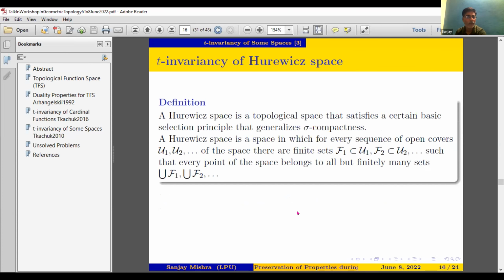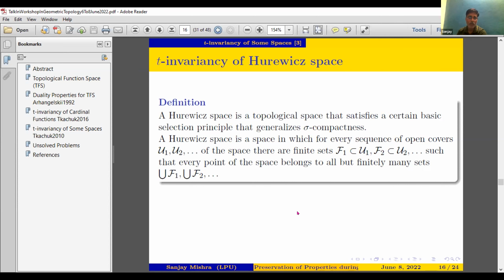The next important result is the Hurewicz space, which was recently introduced and is very important for the discussion of other algebraic topology. A Hurewicz space is a topological space that satisfies a certain basic selection principle that generalizes sigma-compactness. That is, a space in which for every sequence of open covers U1, U2 of the space, there are finite sets F1 contained in U1, F2 contained in U2, such that every point of the space belongs to all but finitely many of the sets.